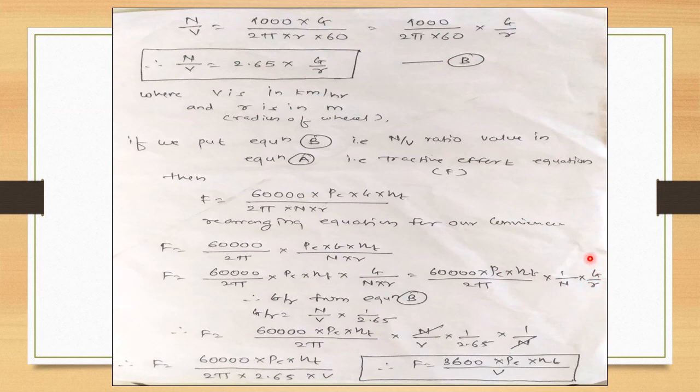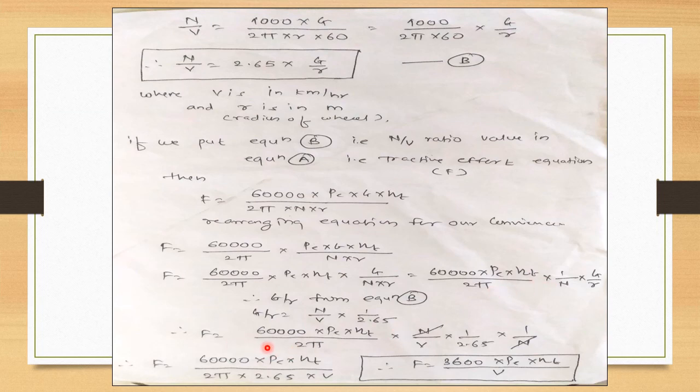From equation B, N upon V is equal to 2.65 into G by R. So let's put this value of G by R from equation B: G by R is equal to N upon V divided by 2.65. Put this value of G upon R in this equation.